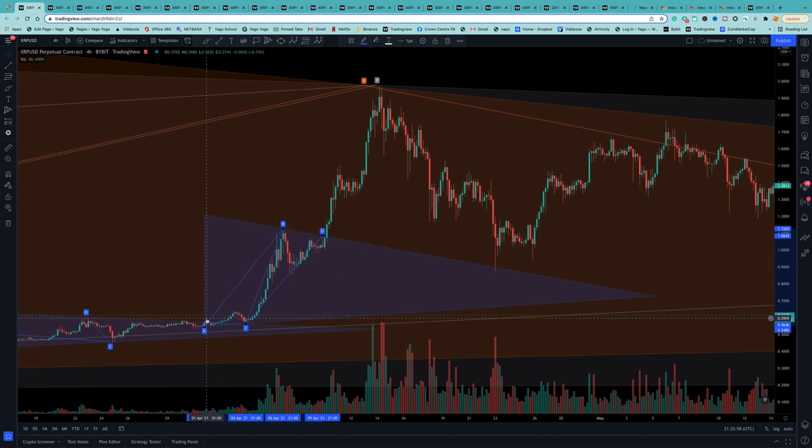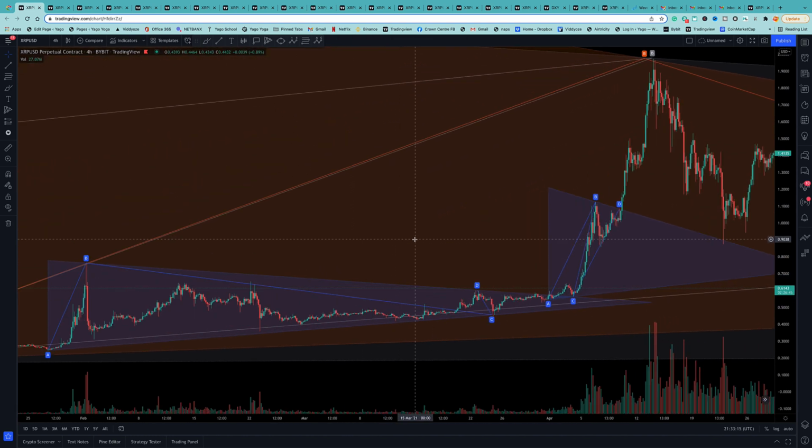So here's another one. Now look at the length of this. Remember we said 6 to 7 weeks. This was the 31st of March to the breakout on the 10th of April. So again, this is 10, 11 days.